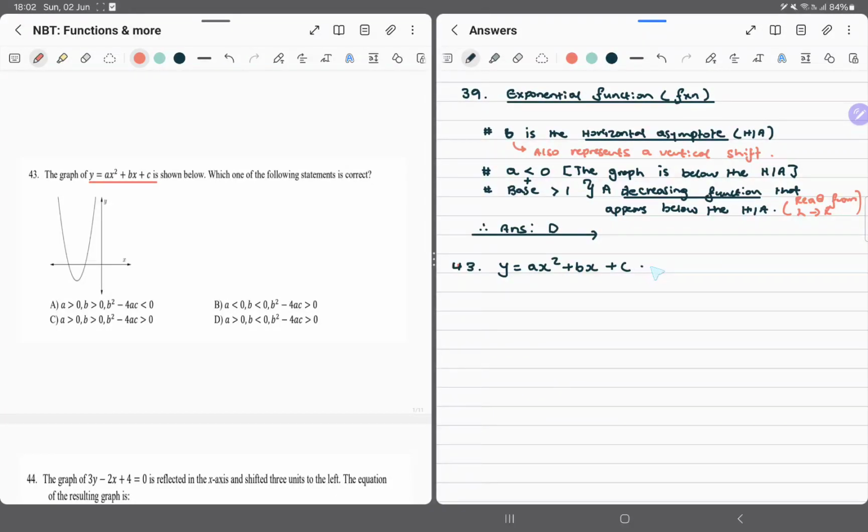Plus c. This is basically the standard quadratic function.